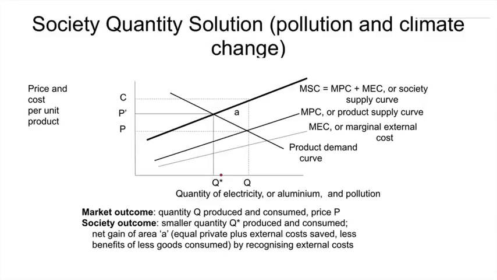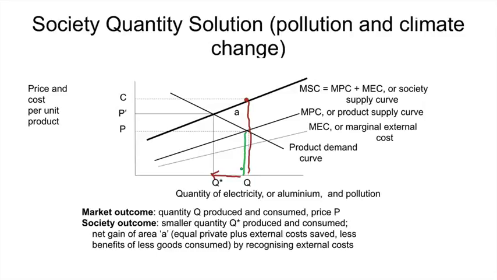We also can ask ourselves, what are the benefits to society of moving from what the market quantity Q is to the social optimum quantity Q star? Well, let's think about at quantity Q. At quantity Q, our marginal social costs are all the way up here to A. But we benefit from that extra production only off this demand curve, the distance green.